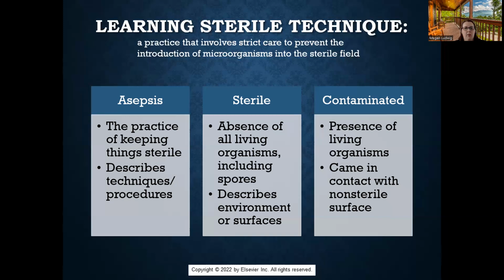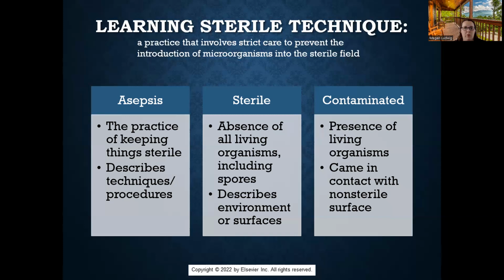A spore is something that a bacteria can make that puts a really hard protective dome around the bacteria that allows it to adhere to the surface of whatever it is and stay there until conditions are right for it to start to replicate again. So it's dormant. It may not be reproducing or causing disease at the time, but if conditions become favorable, let's say in a warm, moist wound, for example, then it can start to cause infection. So we want to eliminate those spores in the sterilization process.